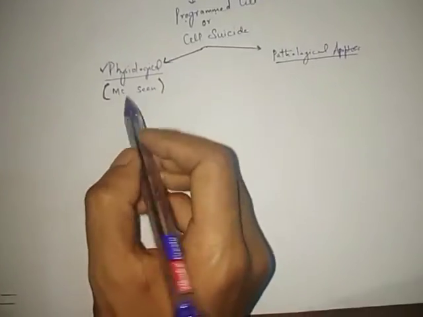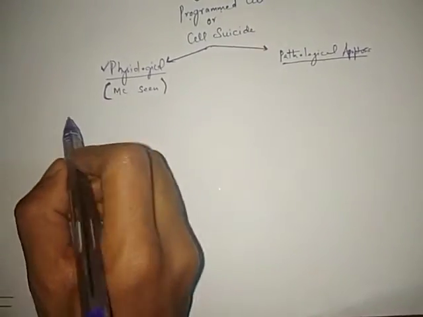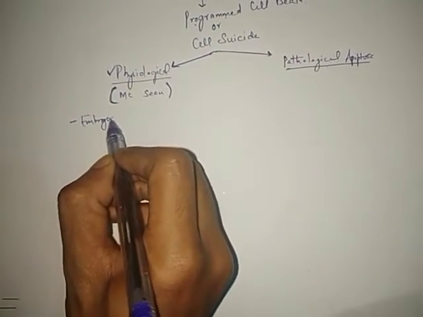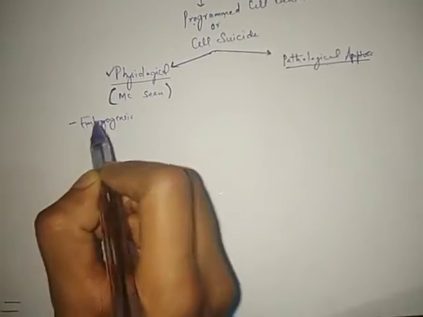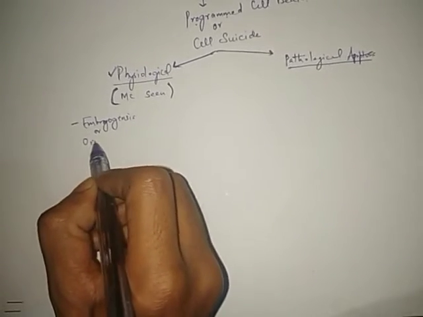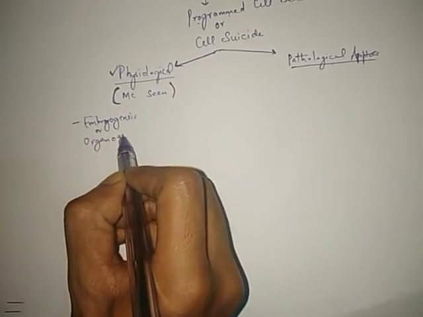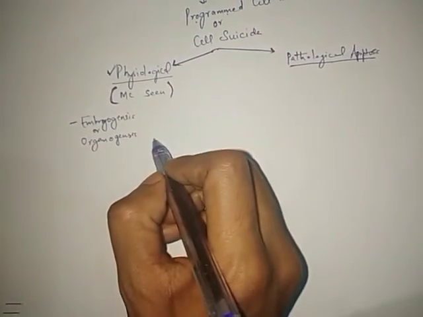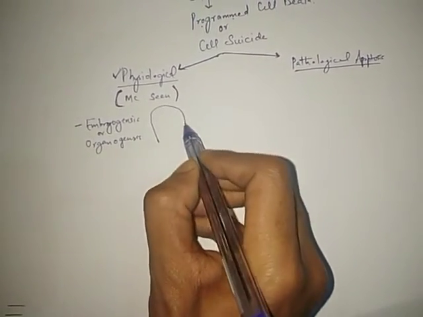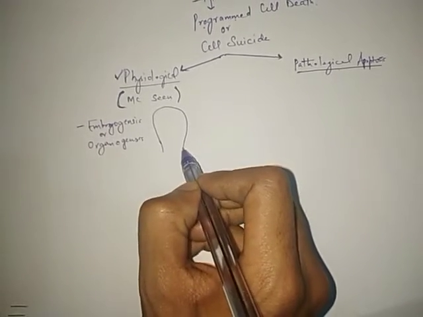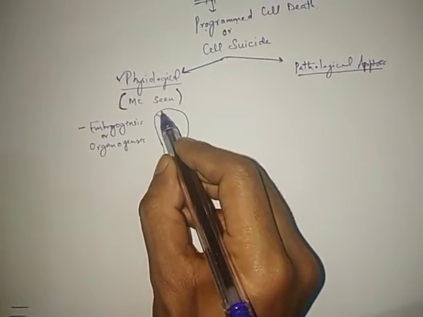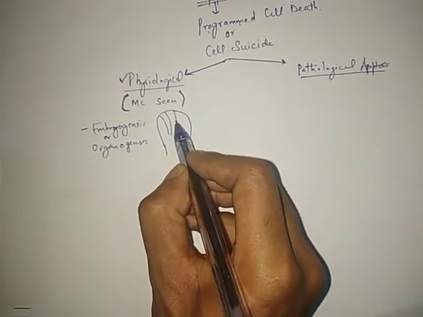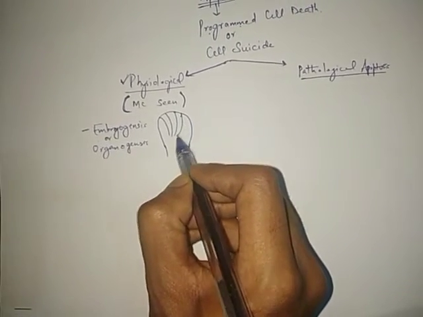Examples of physiological apoptosis are seen during embryogenesis or organogenesis. What happens during embryogenesis? When the hand is being made, there is no cleft in the hand at first, so apoptosis occurs in these cells and forms the clefts.